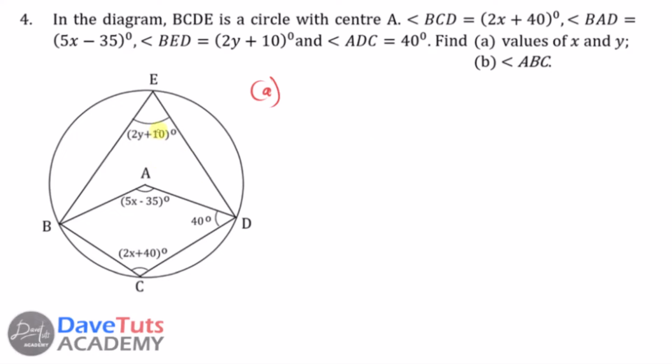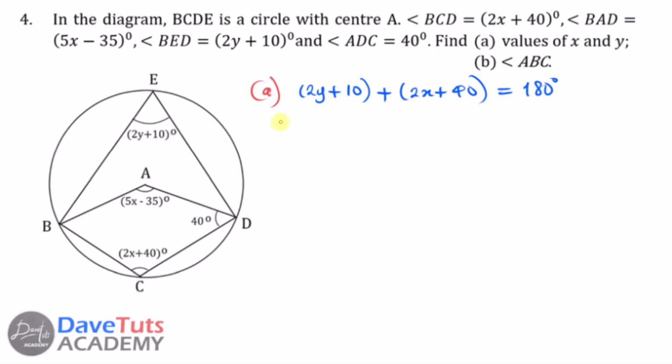First, I can see that I have this angle 2y plus 10 and this angle 2x plus 40 facing each other, and since we are being given the values for all those, I can say in the first case 2y plus 10 plus 2x plus 40, the addition of the two is 180 degrees.